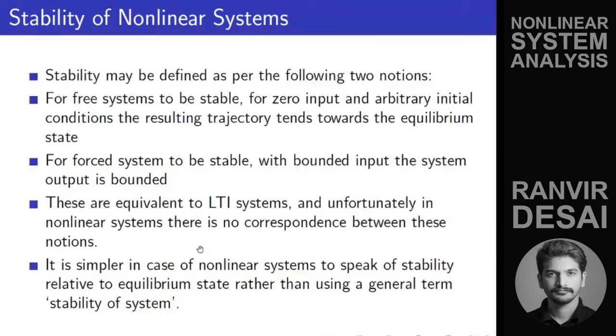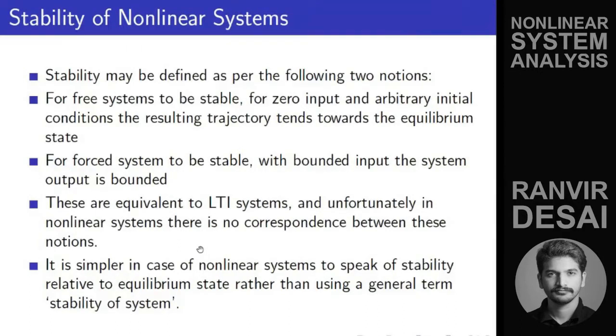When we say a system is stable, that can be claimed in terms of a linear system. In the case of a nonlinear system, you cannot say the system is stable. You can say that the system is stable around this equilibrium point. Or a better compact version of saying it is that the equilibrium point is stable.